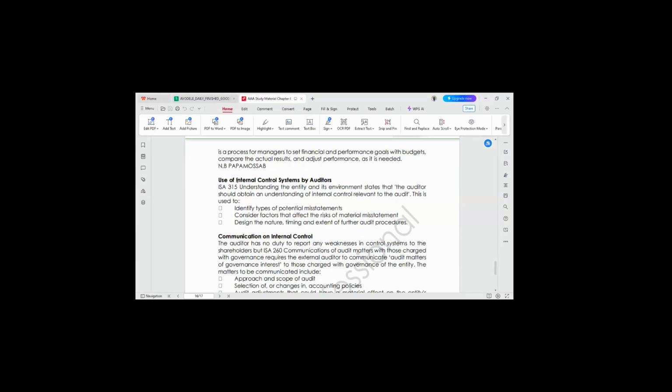So it's going to use the information in the statement of financial position as a basis. And if he's doing that, then it's going to ensure that the financial statement assertions made by the management, as per the financial statement presented, are correct. So it's going to test those assertions via what? The statement of financial position. That is what we mean by the statement of financial position audit approach.